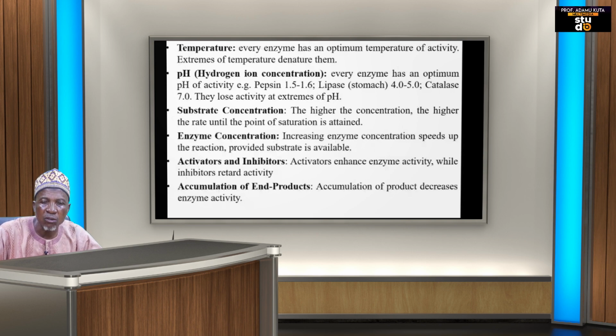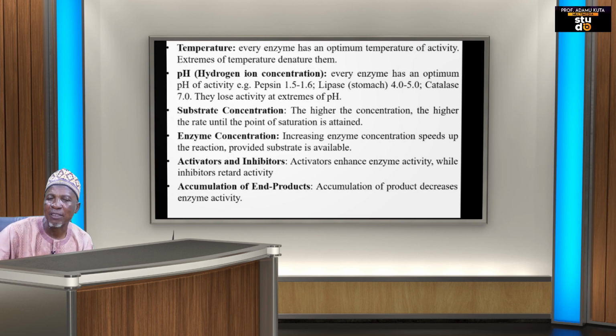And lastly, on these factors, accumulation of end products. When products accumulate beyond the need of the cell, there is a tendency for the product to inhibit the enzyme activity. This is referred to as end product inhibition of enzyme activity, because the cell is very economical.